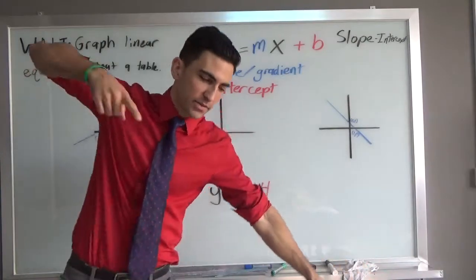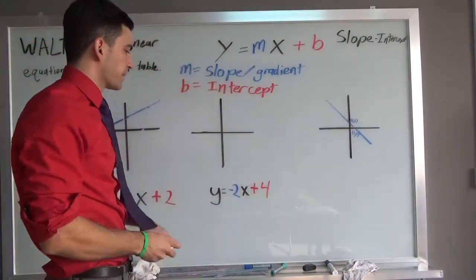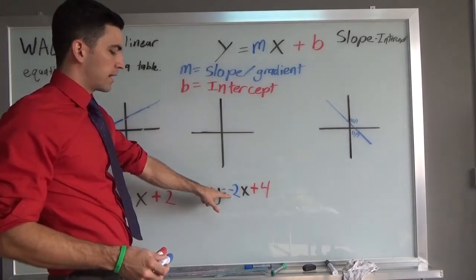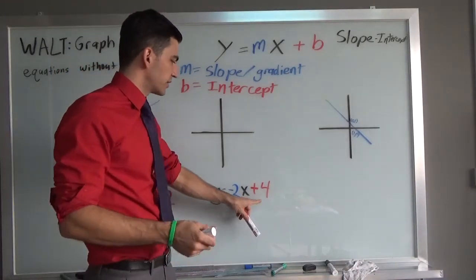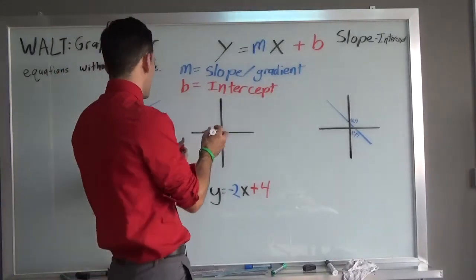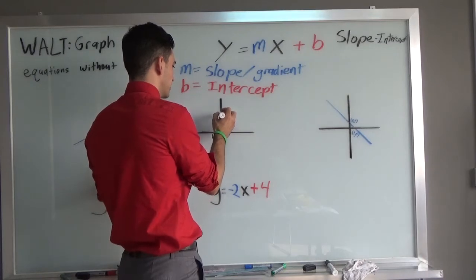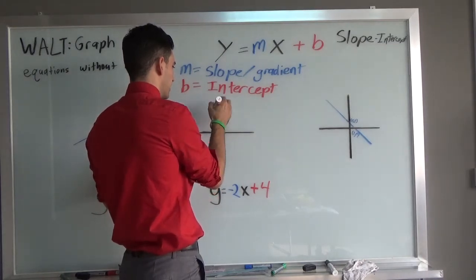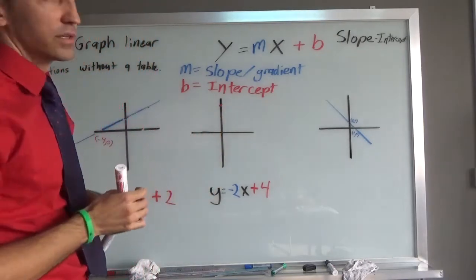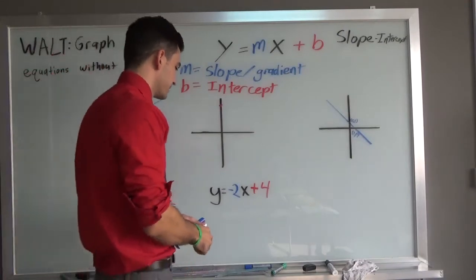Okay, our next problem, we see that there is a slope of -2. Now remember, a negative slope is pointing down as we go from left to right. So we'll keep that in mind. There's a +4, so I'm going to go up twice as high this time. Let's say we go 1, 2, 3, 4. All right, so my y-intercept is way up here.